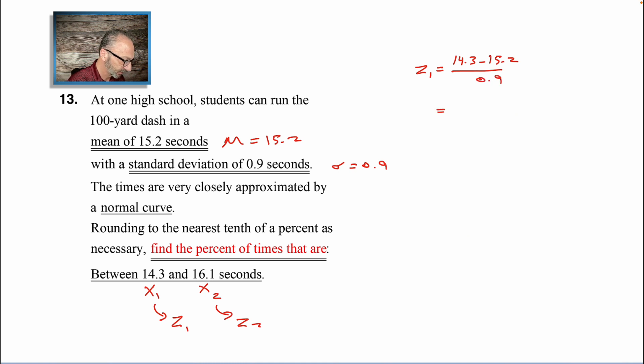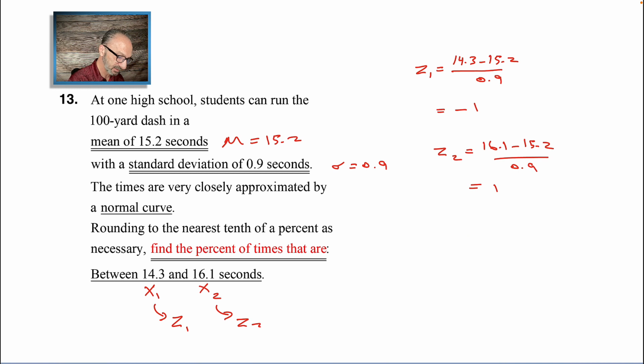Doing the math, I do have negative 0.9 over 0.9, which is negative 1. Z2 now will be 16.1 minus 15.2, and that is 0.9, divided by 0.9, and that is exactly 1.